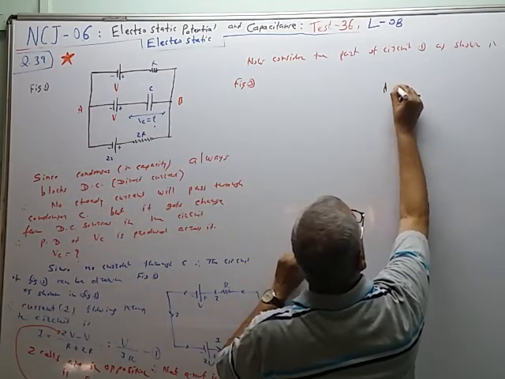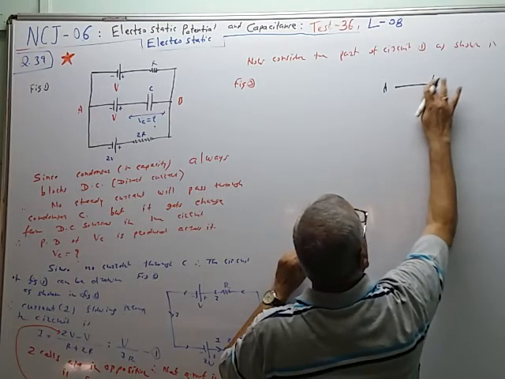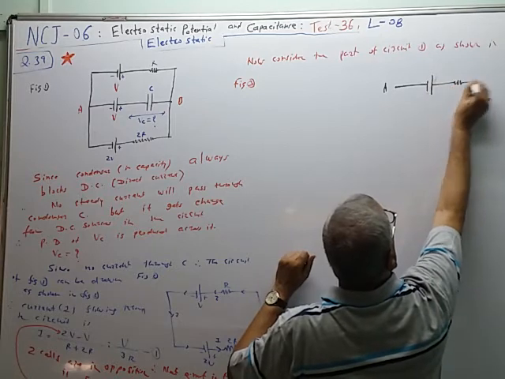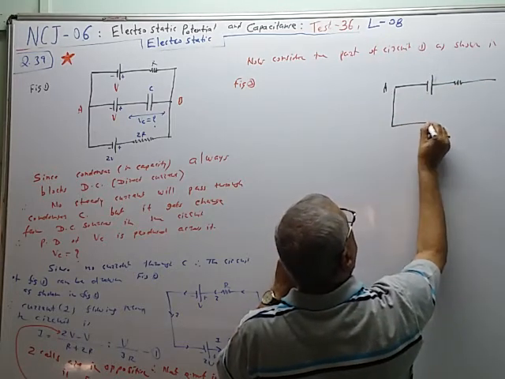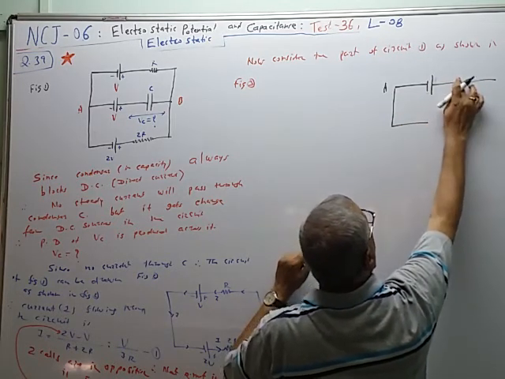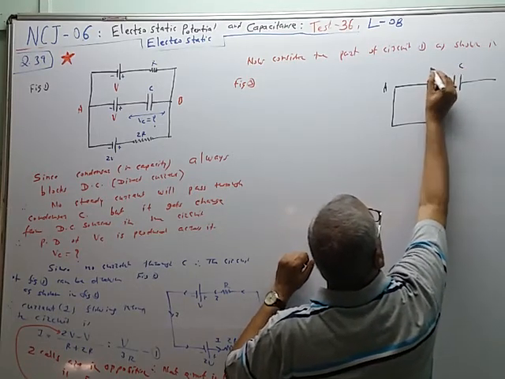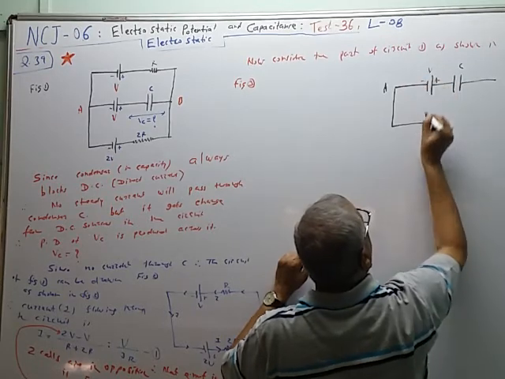A point, negative positive, sorry, this is a condenser C. This is equal to V, plus minus.